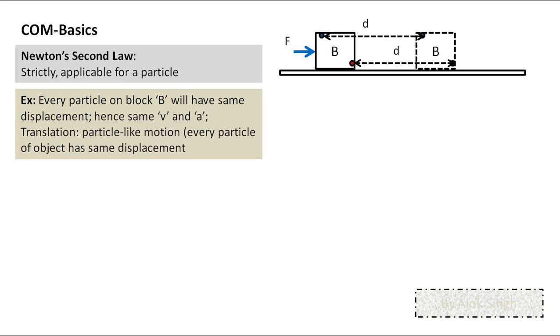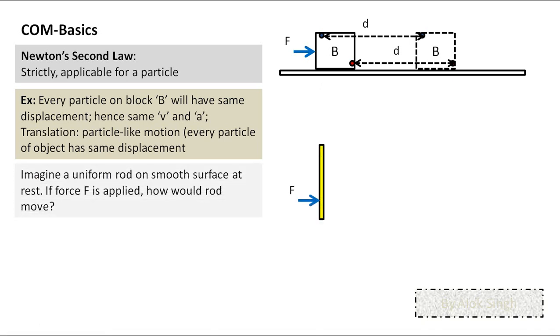This is true for every particle on block B. So every particle on block B will have the same displacement, and if the displacements are same, velocity and acceleration are also the same. This kind of motion is called translation motion, and this is a particle-like motion. Every particle of the object has the same displacement. So not only for a particle, we can apply Newton's law of motion even to objects which are particle-like.